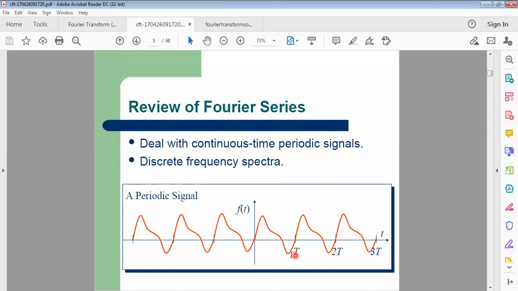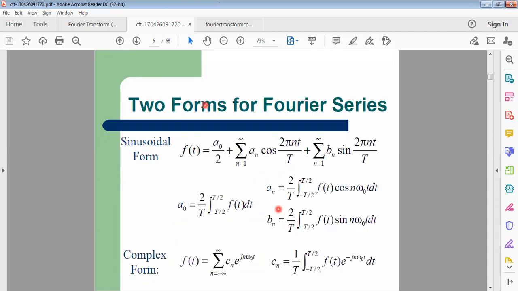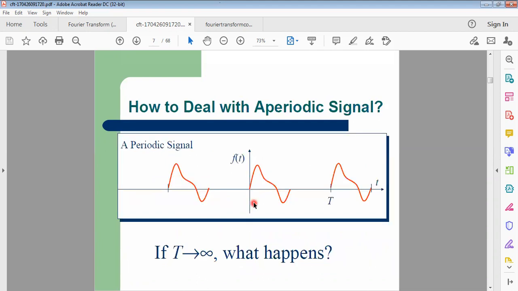This is one period, capital T, and this is another period, capital T, along the x-axis time t, and f(t) is along the y-axis. So we can find the Fourier series like this. You must know two forms of Fourier series. We studied this in our previous lecture, so I am skipping it now.